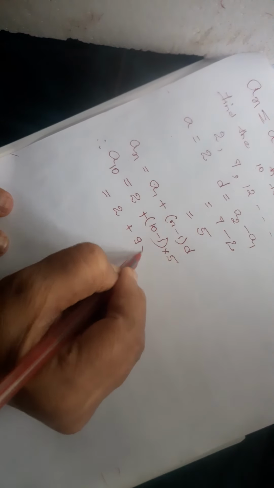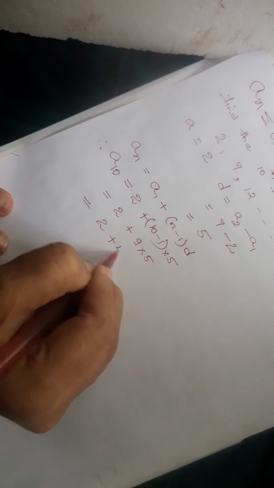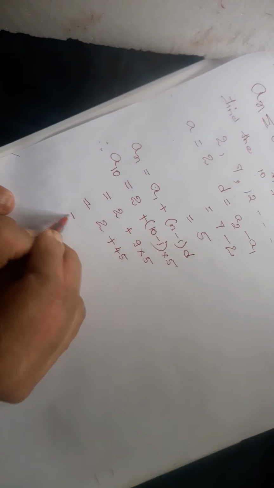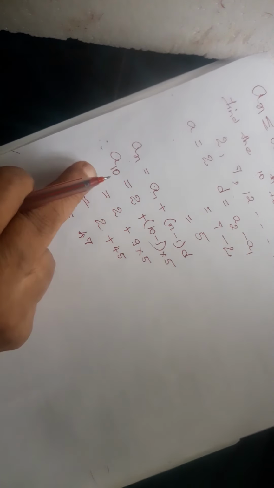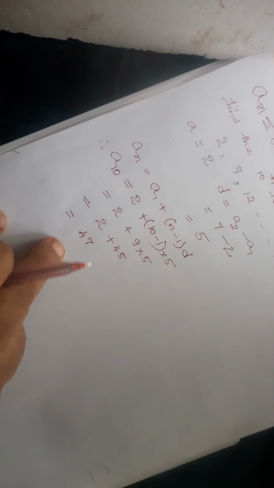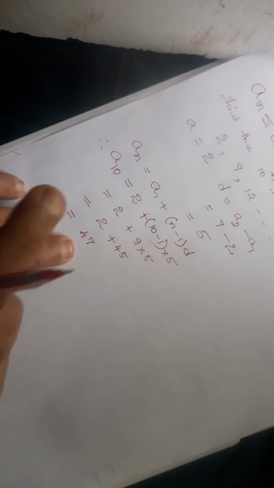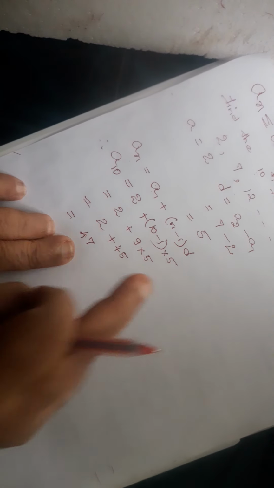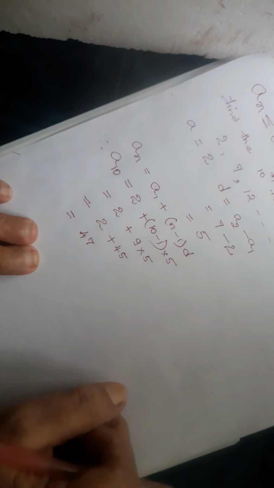So this is equal to 2 plus 9 into 5, which is 2 plus 45, equal to 47. So the number of the term was 10, but its value you have got here is 47. In the AP 2, 7, 12, the 10th term is 47.